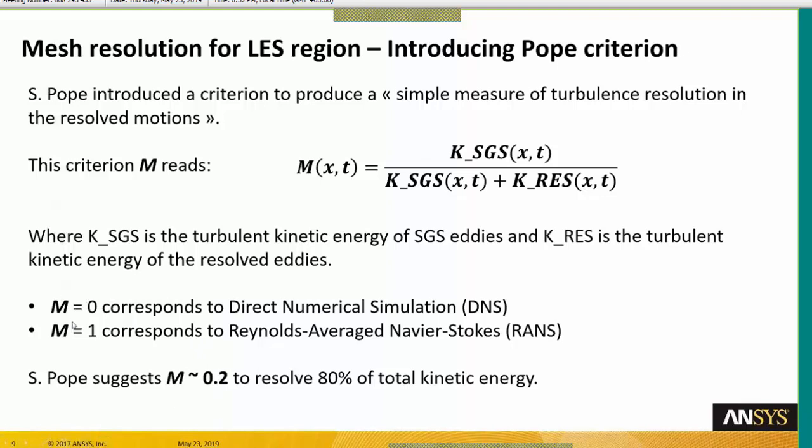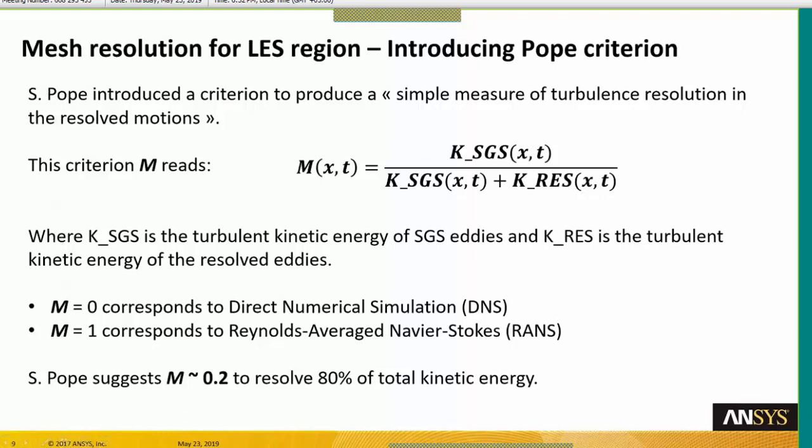When you have a value of M equal to 0, that means that you are not modeling any kinetic energy from subgrid scale. That means that you are doing DNS, in fact. When you have M equal to 1, it means that you are modeling everything, because everything is inside the SGS. So that means you are doing RANS, in fact.